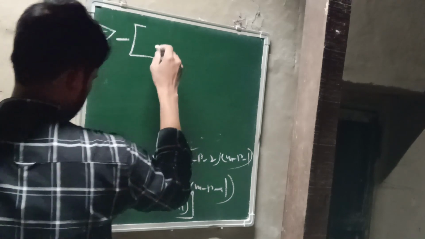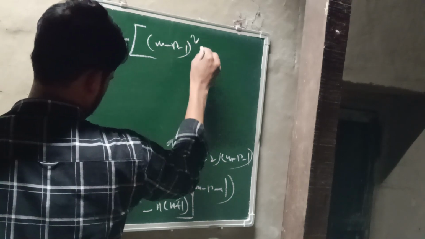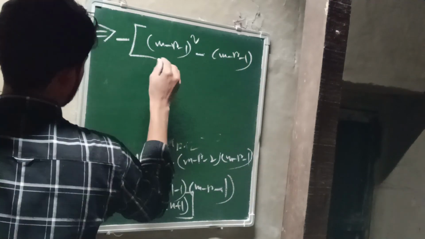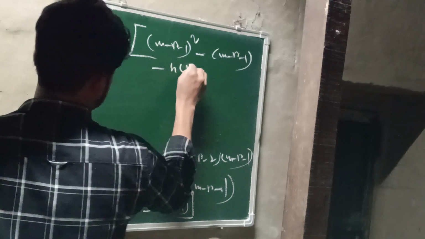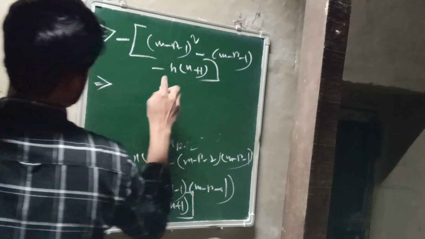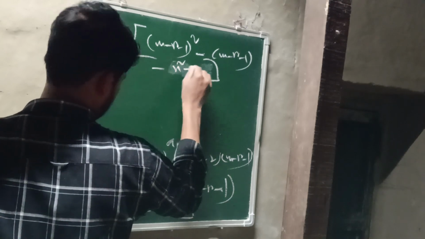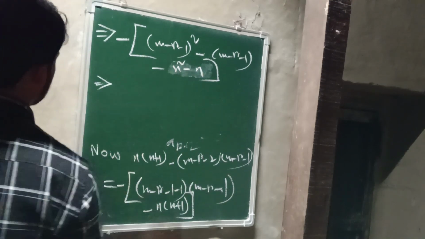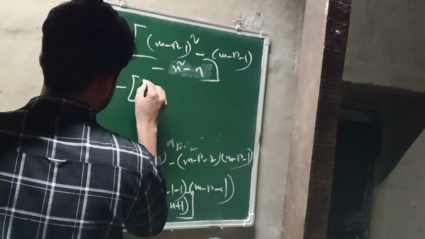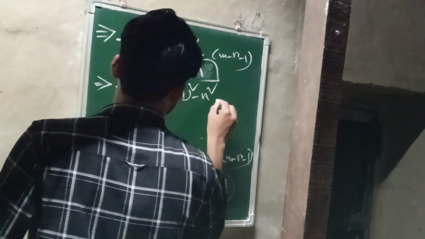Minus (m minus r minus 1) whole square minus (m minus r minus 1) minus n into n plus 1, n square minus n, minus (n minus r minus 1) whole square minus n square.